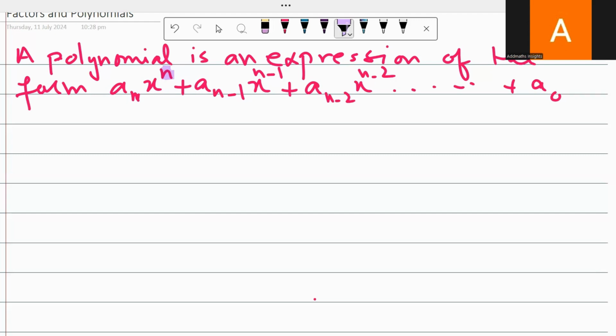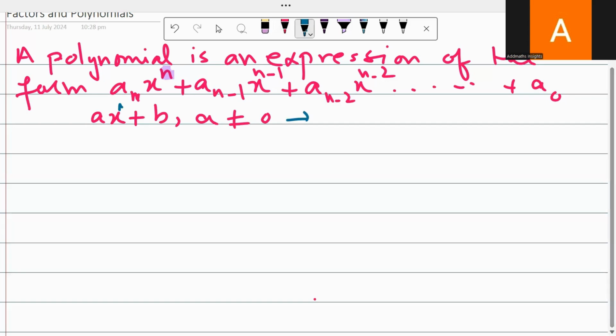For example, if you write an expression of the type ax + b, where a is not equal to 0, then the highest power of the variable is 1. So the degree is 1, and the name of this expression is linear.